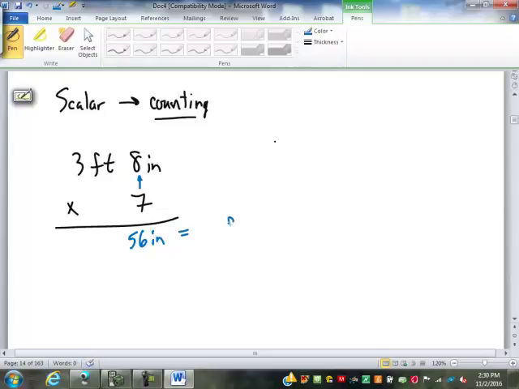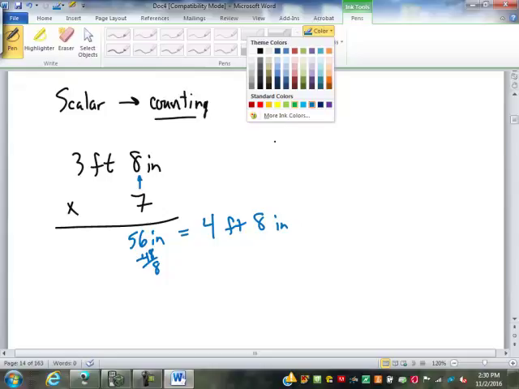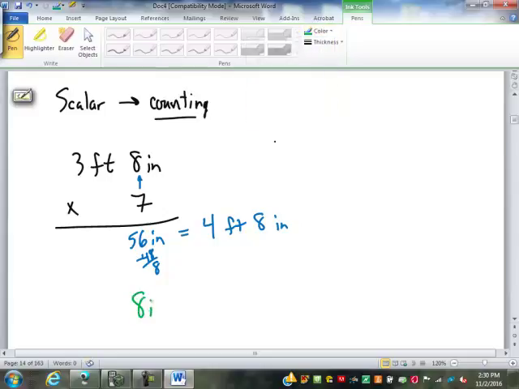We have to break this into feet and inches now. How many feet are in 56 inches? Well, 4 feet is 48 inches. If I subtract 48 inches, I'm left with 8. So 4 feet with 8 inches left over. So I'm going to keep my 8 inches, and I'm going to carry my 4 feet.